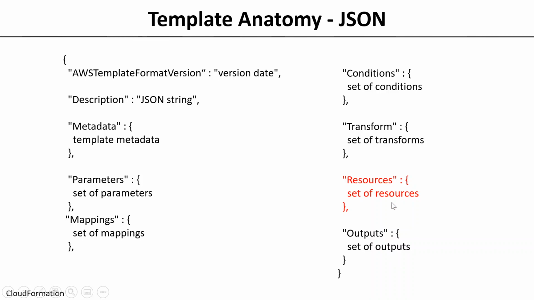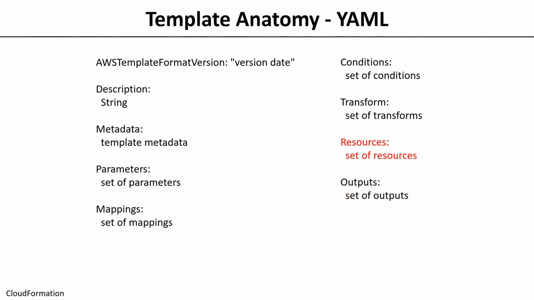This particular template that we have is in JSON format, and you are probably already familiar with the JSON format. It starts with all these brackets and the quotes and commas and everything. This is how the JSON format goes. Those who are not familiar with the JSON format can also use a YAML format.